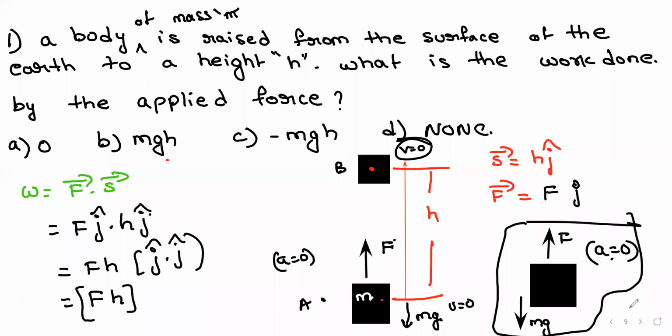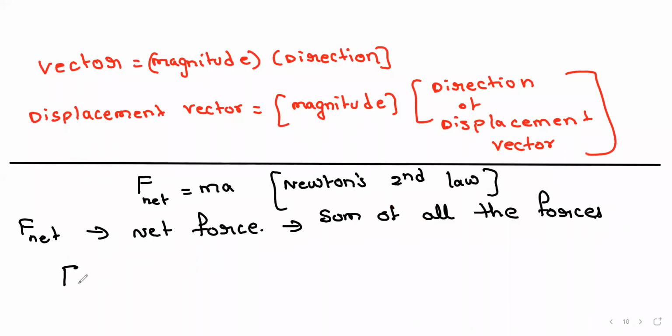Here, what is F net? We have two forces. One is F vector, and another one is mg, the weight vector.